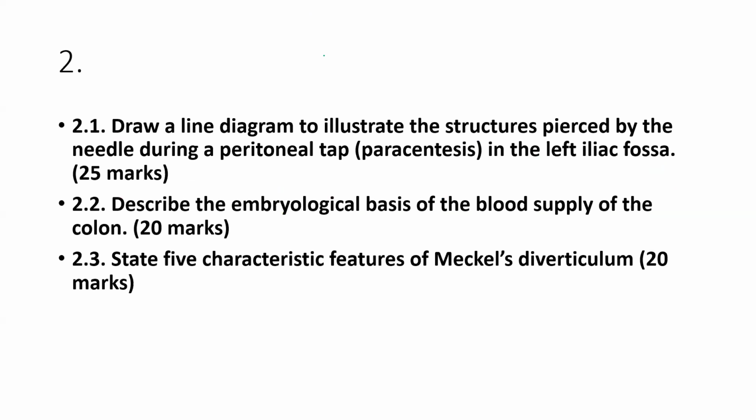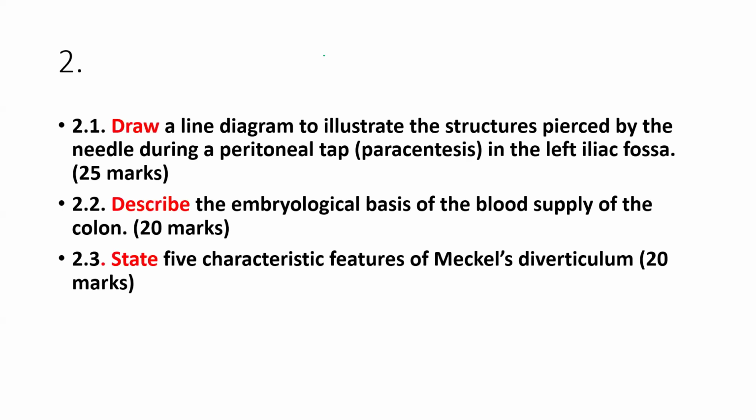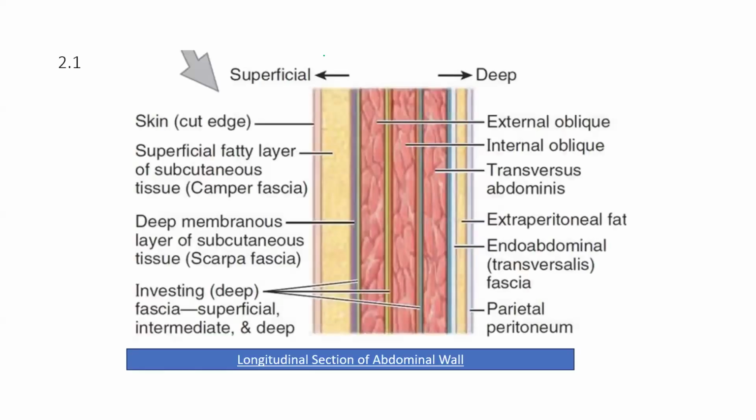So this is the highlighted question, and this is the diagram you have to draw. I have named this one a longitudinal section of the abdominal wall. I have marked the superficial surface and the deep surface, and from here to here I have to name the structures I am going to pierce.